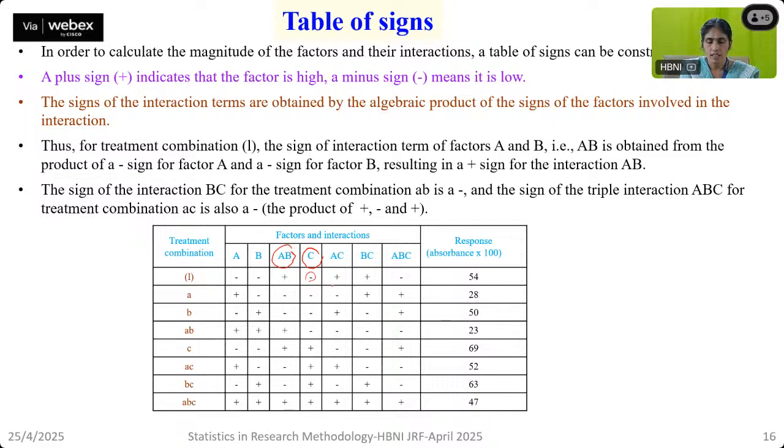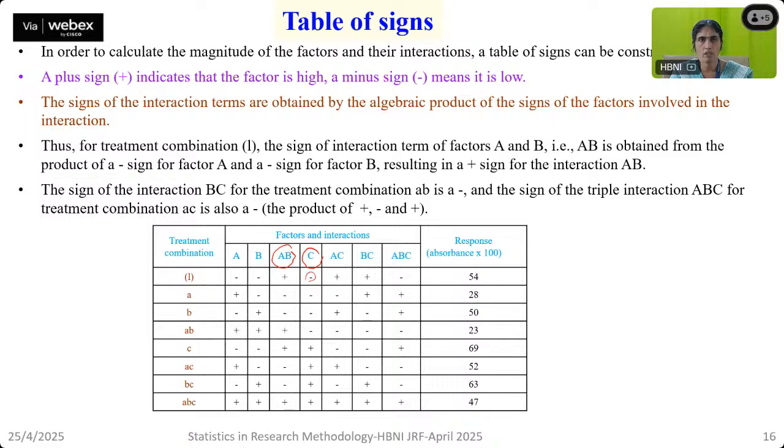So that way, this table of signs is constructed from giving low value a minus sign, high value a plus sign. And when you have a combination of factors, it will be the numerical product of this signed combination. If you have a product AB, if both are having minus, minus into minus becomes plus.